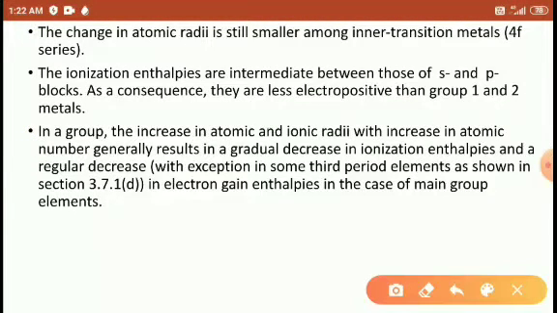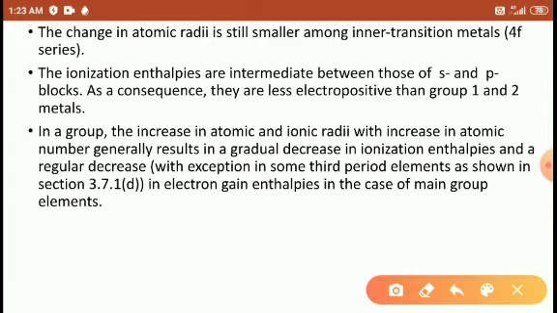The change is still smaller among the inner transition metals, the 4f series. The atomic radii again decrease in the 4f series because it is an f-block element. Again the number of protons increases with electrons in the same shell, so the atomic radii decrease.